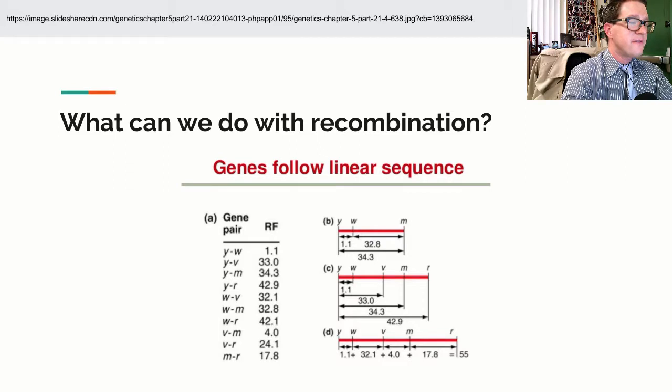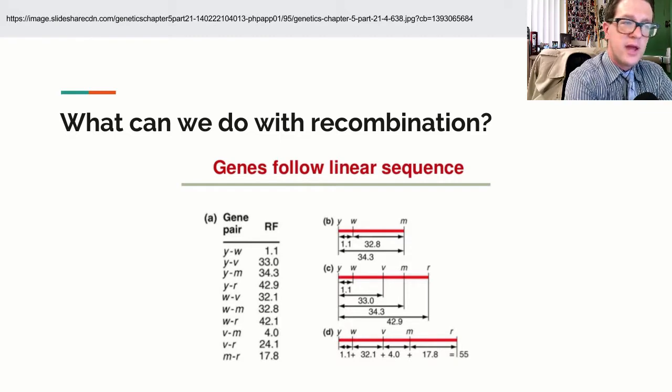There becomes a very odd pattern, however, that we need to realize. And that is, if I look at how these things add up. If I just look at B, the recombination frequency between Y and W, whatever those traits are, is 1.1, meaning 1.1% of the time there's a recombination.